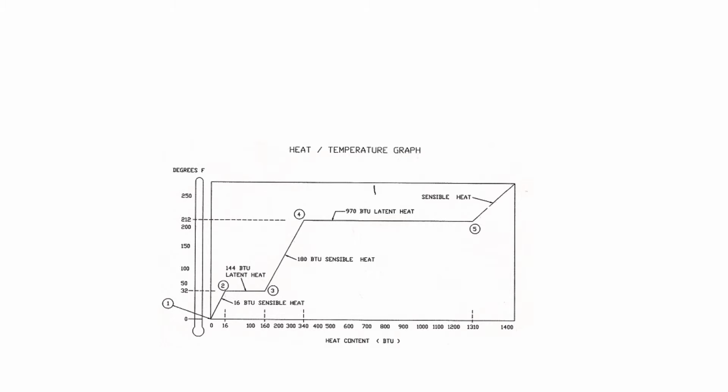When adding or removing heat, and there is a change in temperature but no change in state, it is called sensible heat. When adding or removing heat and there is no change in temperature, but there is a change in state of the substance, it is called latent heat.